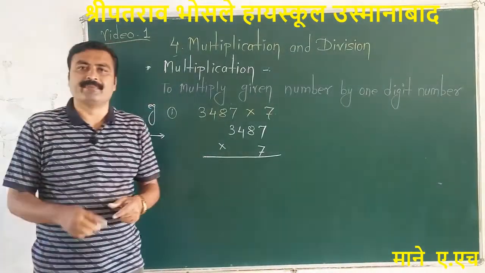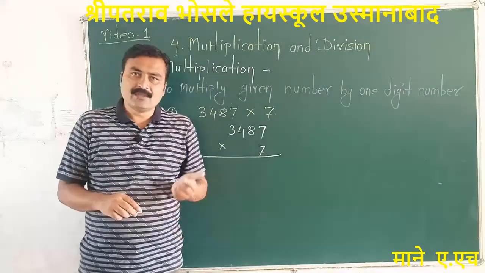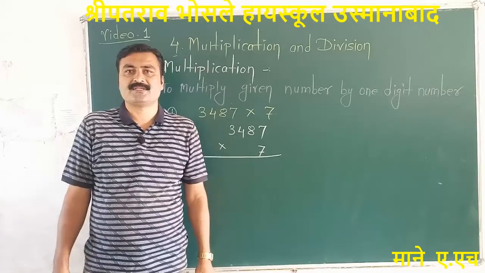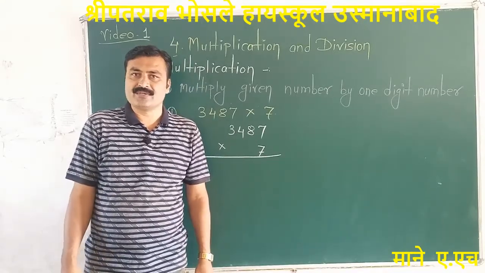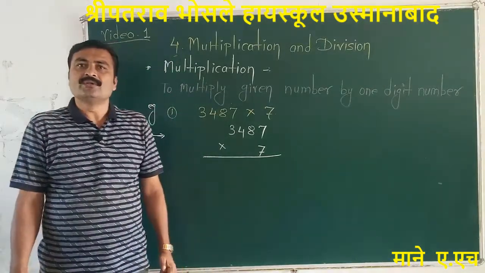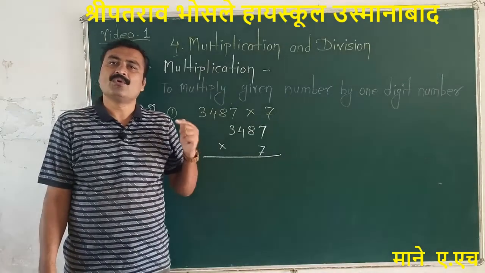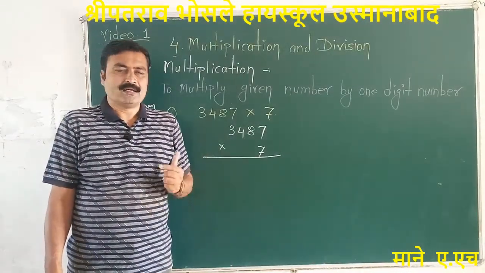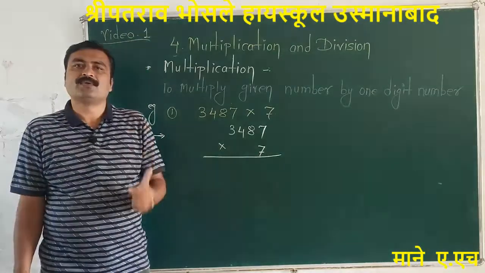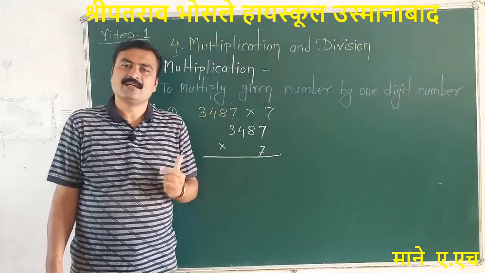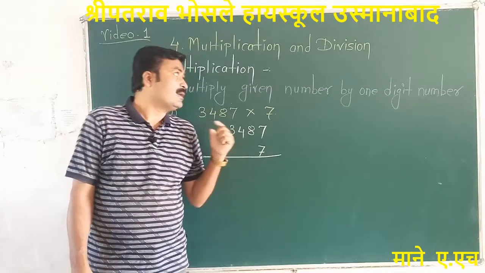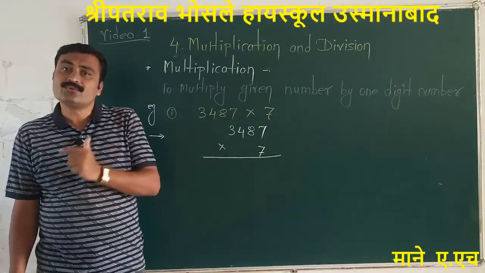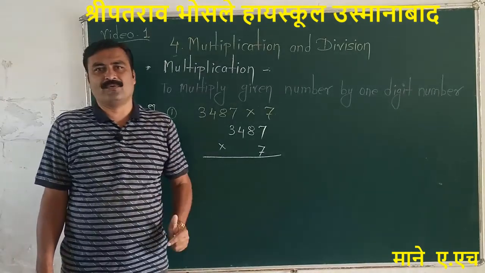Now keep in mind, when we carry out the multiplication process as well as the division process, it is important to recite or to know the tables up to 9, minimum. I think you should know the tables from 2 to 30, but for the multiplication process, the tables from 2 to 9 are important for us.